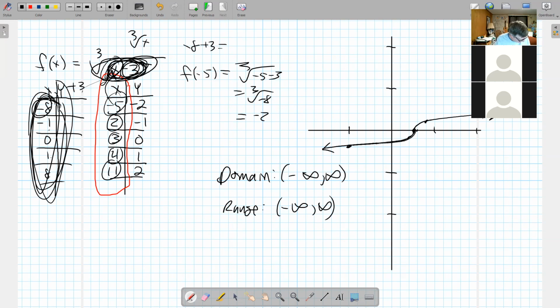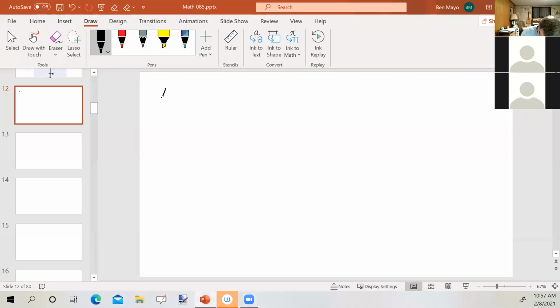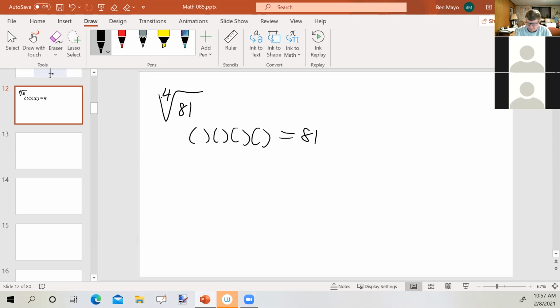Let's see here. This says, evaluate each radical expression if possible without using a calculator. How about the fourth root of 81? So now we're looking for a number where that number times itself four times is 81.